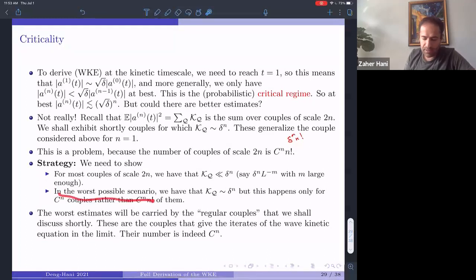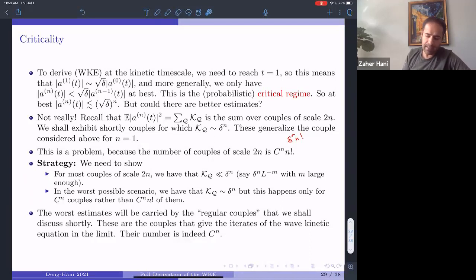And in the worst case scenario, we know that there are some couples that saturate the estimate. We know that there are some couples that have size delta to the n. The best thing we can show, or the only thing you can show, is that this happens only for c to the n exponentially many couples rather than factorially many couples. So this is the strategy that we will be following.